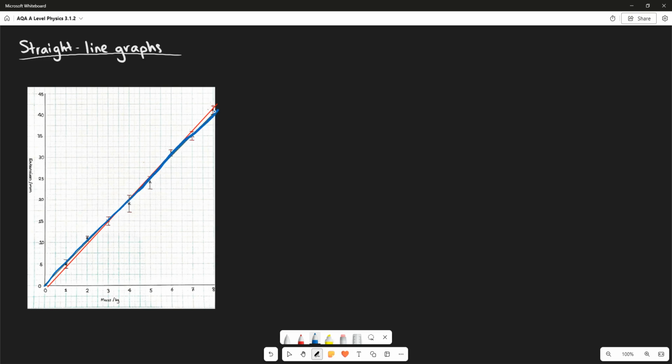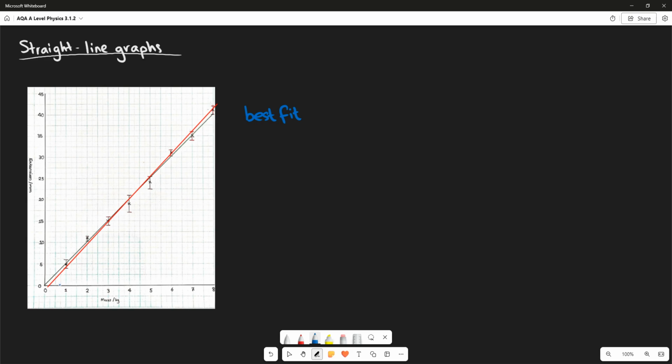That's the straight line that goes the closest through as many data points as possible. So that is the line of best fit. It is as close as possible to all of the data points, and ideally goes through all of the error bars.